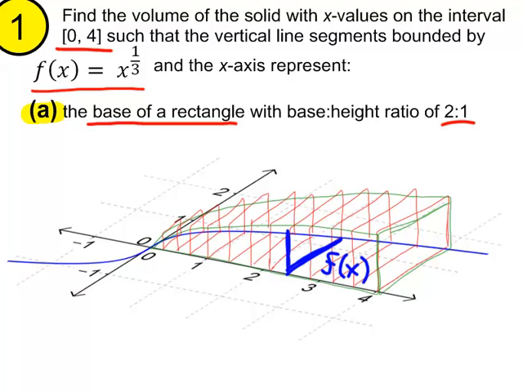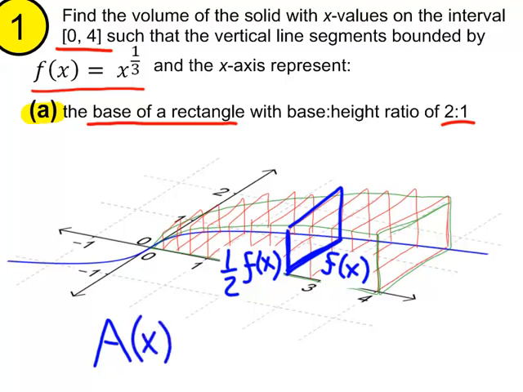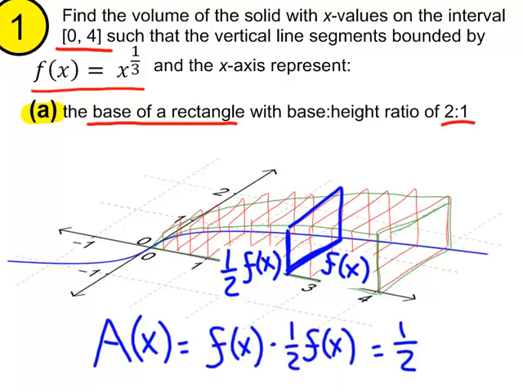So the height of that rectangle would be half f of x. And therefore, that's the area that we're seeking to use in that formula, A of x. The area is going to be base times height. And of course, we could abbreviate that as 1/2 f of x squared.